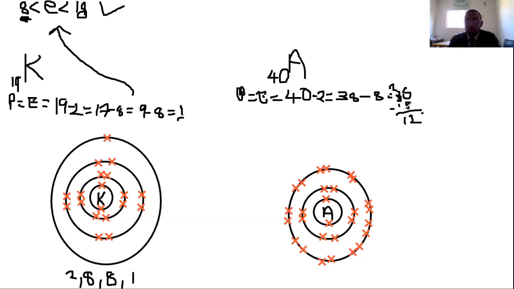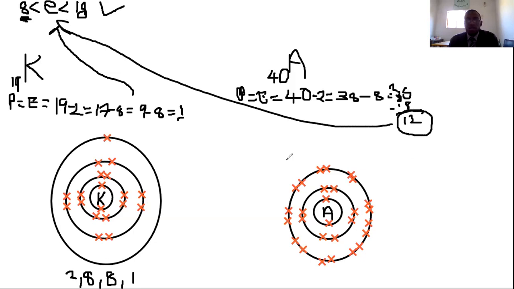So remaining with 12, it will take us back to this: anything above 8 and below 18. So we are now in the fourth shell. When you calculate, the fourth shell can hold the maximum of 32 electrons. So it will still come back to this.